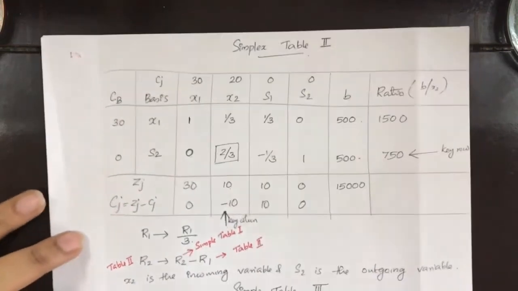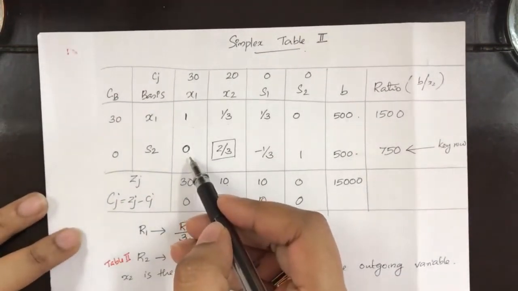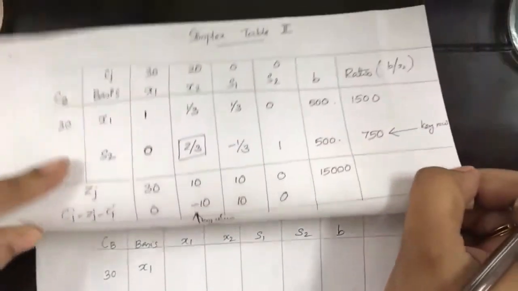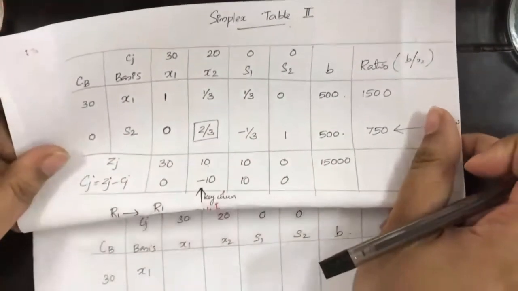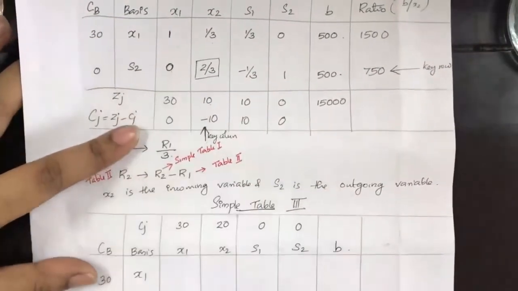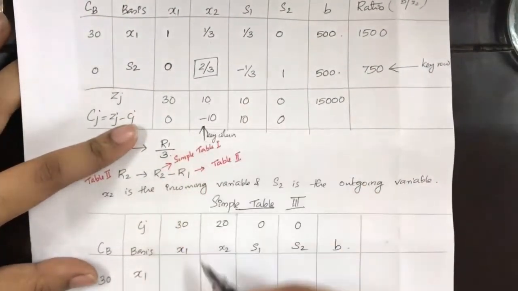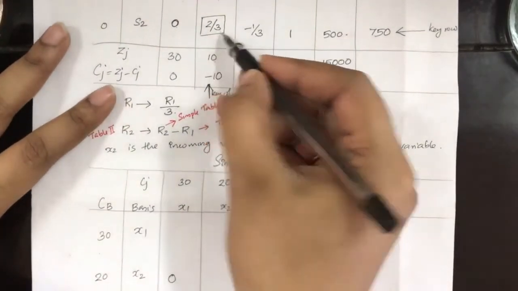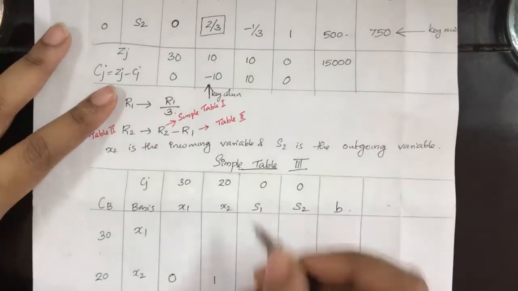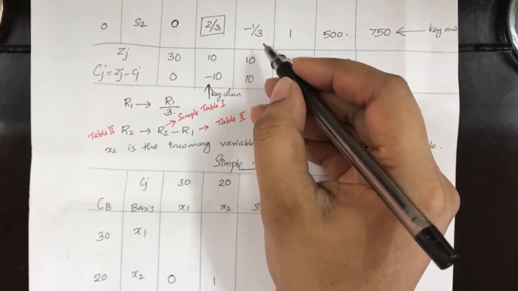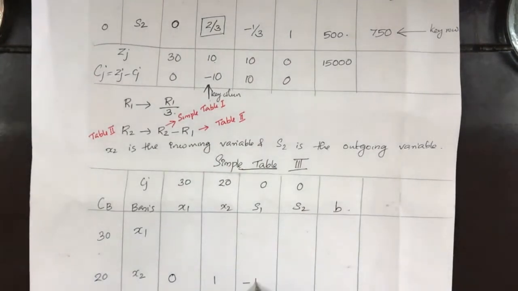Okay. So 0 into 3 by 2, 0. 2 by 3 into 3 by 2, 1. Minus 1 by 3 into 3 by 2, the 3 got cancelled, minus 1 by 2.